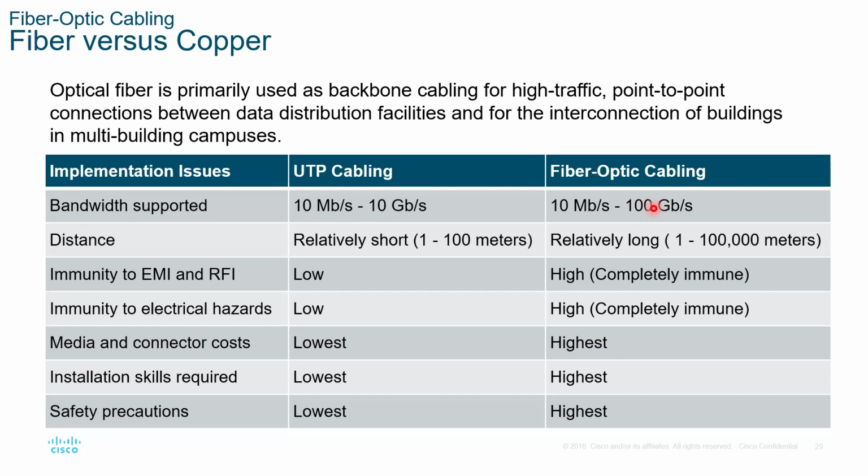If I'm using UTP on my laptop at 10 gig, that's a lot. But if I want to carry traffic from the whole of UZ, it won't make sense to use this type of cabling. I'll probably be using fiber. Then in terms of distance, less than 100 meters for UTP, while fiber can go up to 100 kilometers.